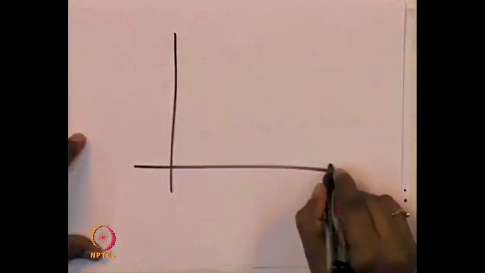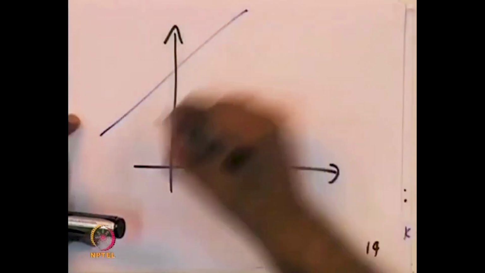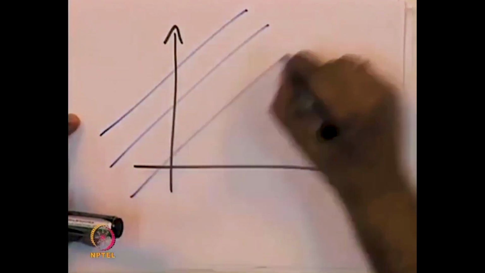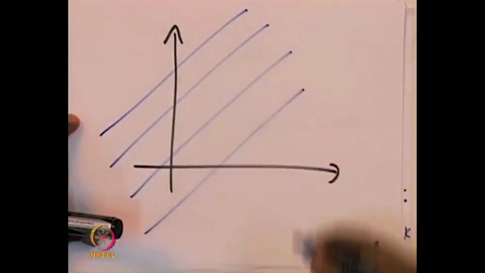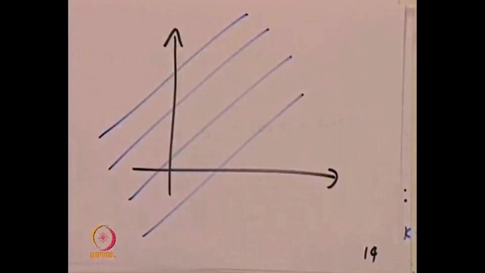So previously we asked this question, draw a curve of slope m, and then we drew many curves, because all of these curves will have slope m. So you have a set of curves which have slope m.